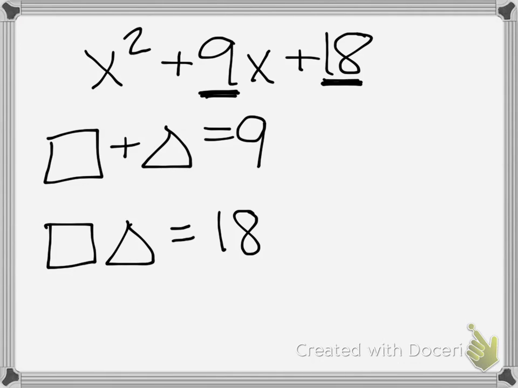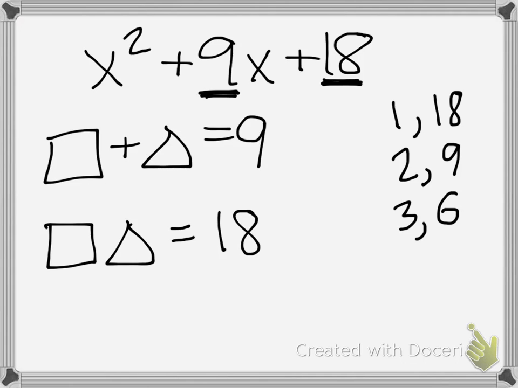Alright, let's think of all of the numbers that I can multiply and get 18. 18 is divisible by 1, so I could have 1 and 18. I could have 2 and 9. It's divisible by 3, 2, 3 and 6.